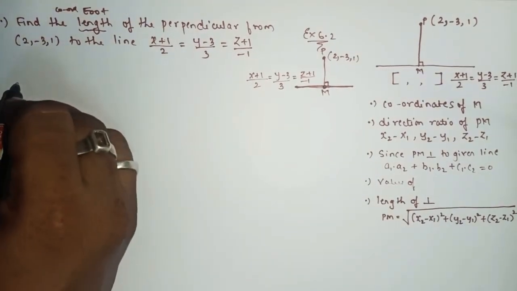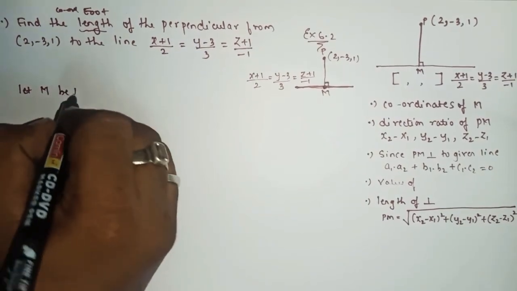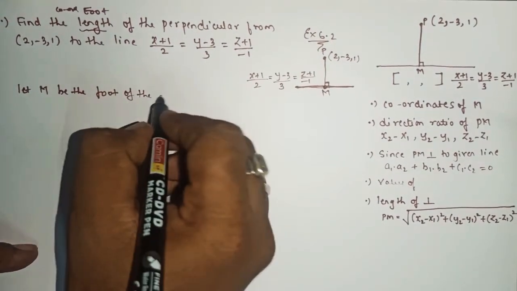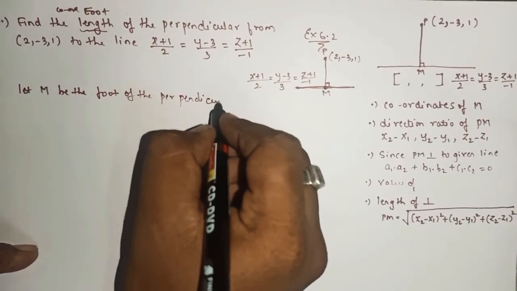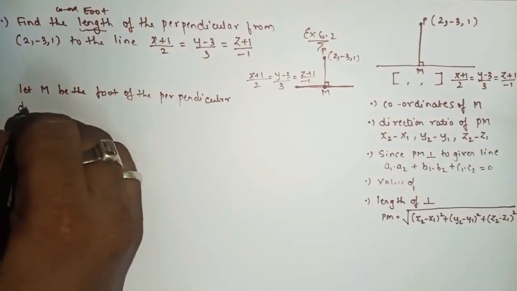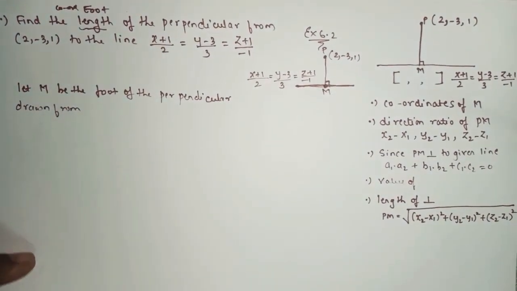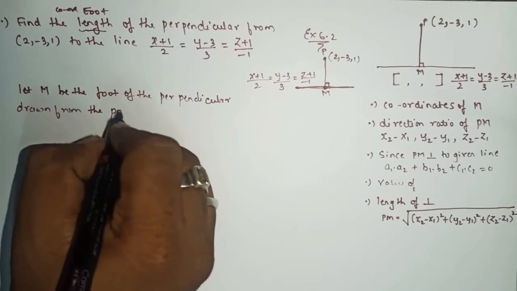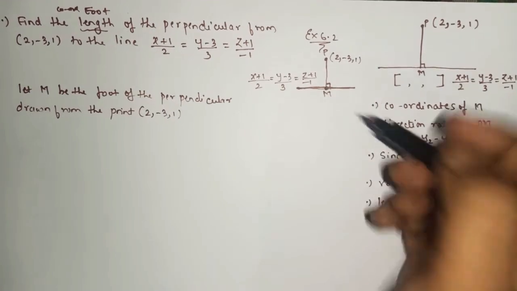So in the first step you will write: let M be the foot of the perpendicular drawn from the point 2 comma minus 3 comma 1 to the given line.